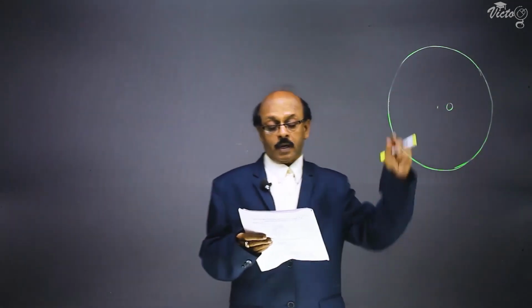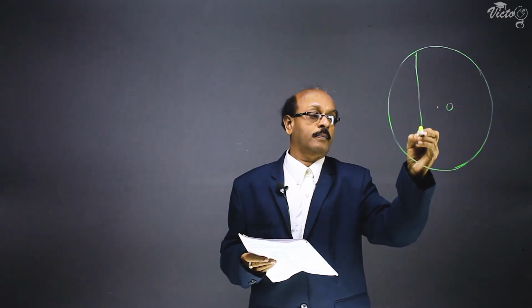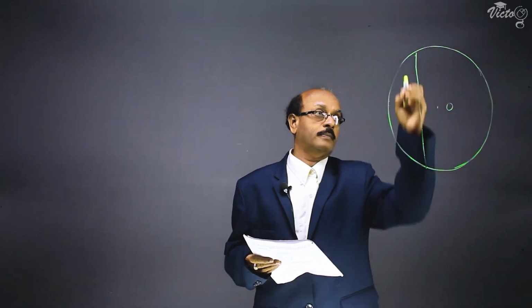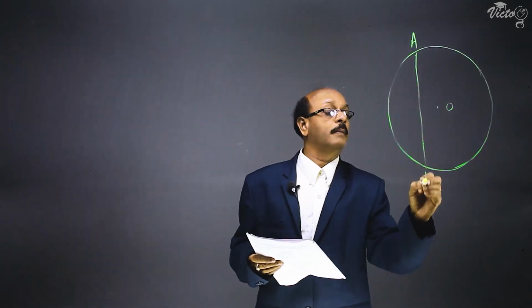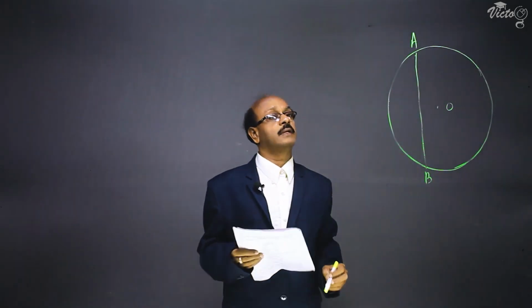Let this be a circle with a center O and draw two tangents. Tangents drawn at the endpoint of a chord. Let AB be a chord. AB is a chord of the circle with the center O.